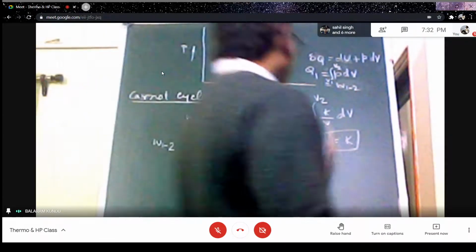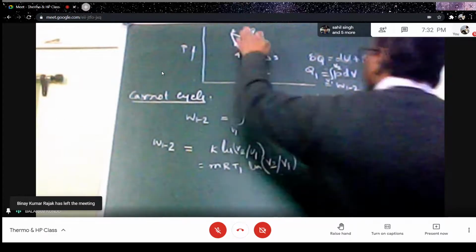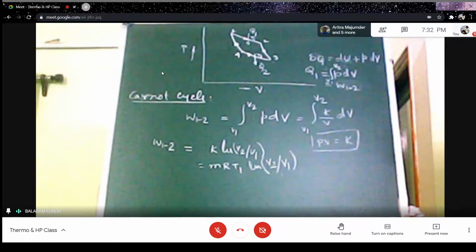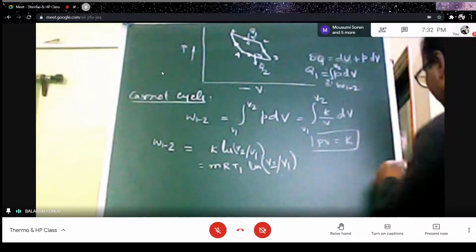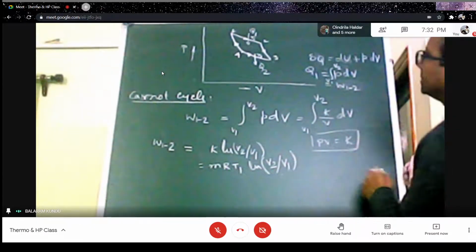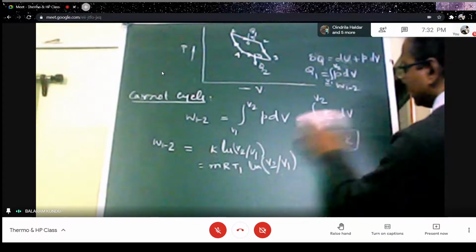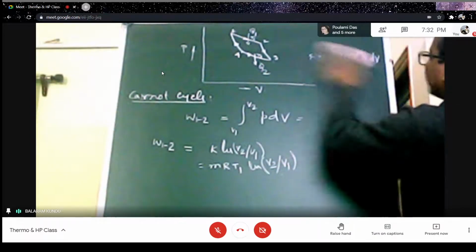Now another one is there, that is your adiabatic expansion process. During this process there is no heat exchange but work is performed. How much work will develop can be obtained by using the first law of thermodynamics again. So again we have to consider the first law of thermodynamics.